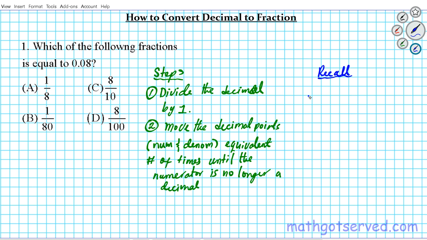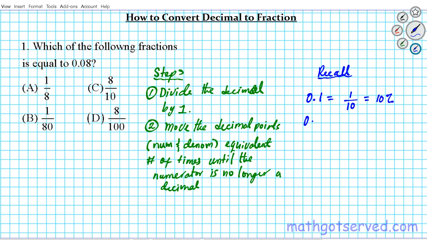So if you want to convert 0.1 into a fraction, you divide it by 1, and in order to get your decimal point in the numerator to a non-decimal, you have to move it to the right one place. So you're going to have 1 over 10. So 0.1 is 1/10, and that's the same thing as 10%.